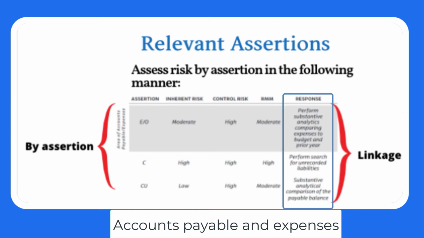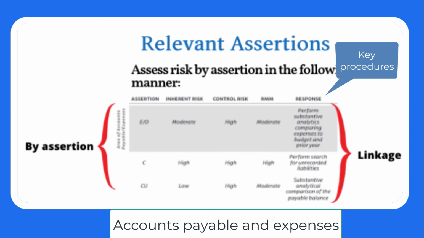Now, in the response column, if you document your assessment in this manner, I wouldn't list every single audit procedure that I'm going to do out here on the right. I would just link out to the key audit procedures that you're going to perform in response to this risk of material misstatement.